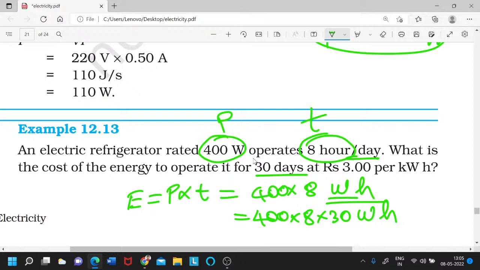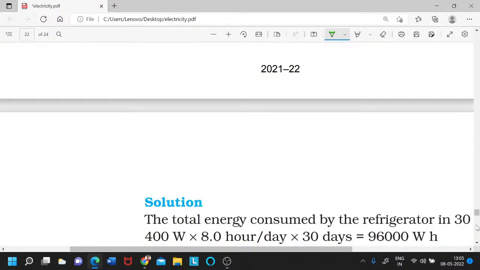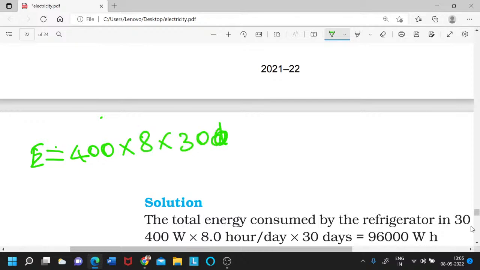Actually, commercial unit, 1 kWh is 3 rupees. They want the cost of the electric bill. So energy is equal to 400 into 8 into 30. This is in Wh.